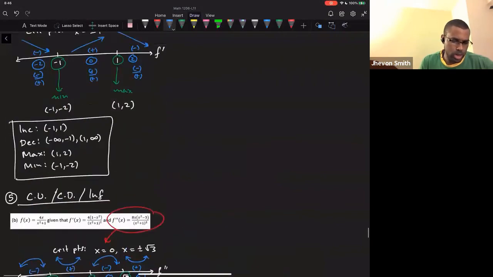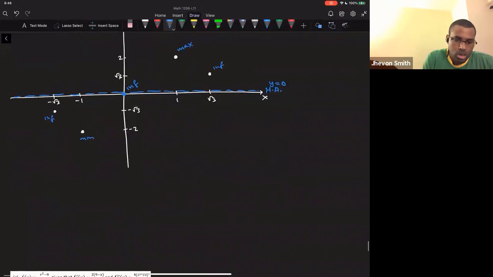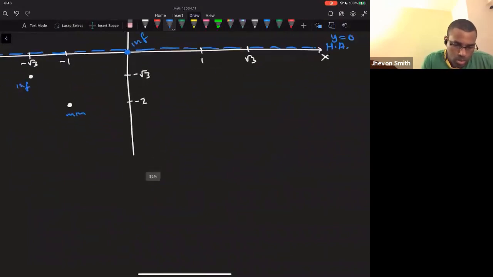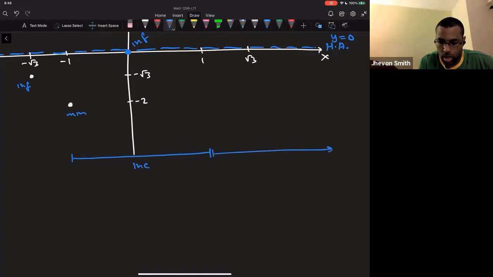Now let's do the intervals, increasing between -1 and 1. Of course, we're decreasing otherwise.